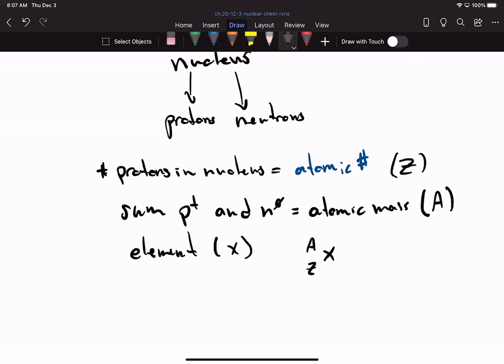So we can simply write something like carbon 14, which is radioactive, has 6 here. This should look pretty familiar to you. When we look at something from the periodic table, it could look very similar to this. But this is a radioactive form of carbon.